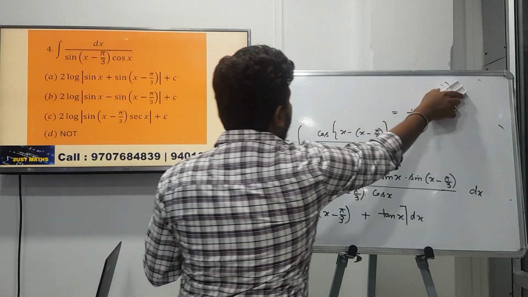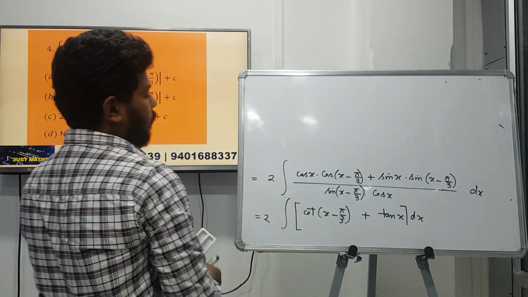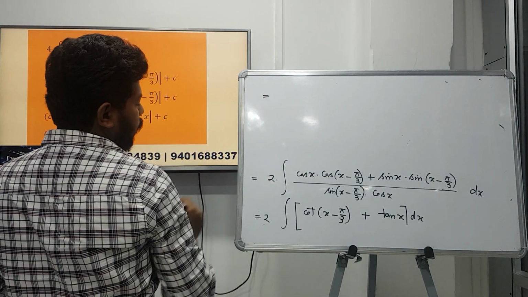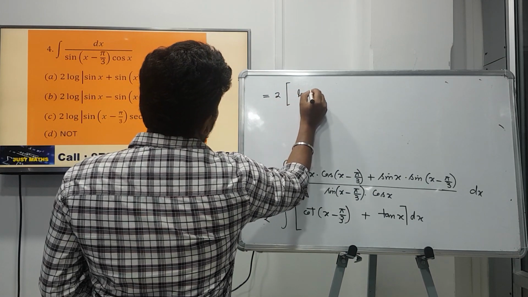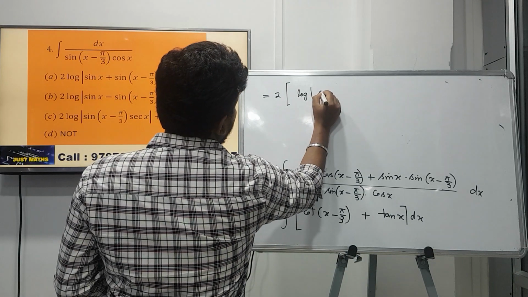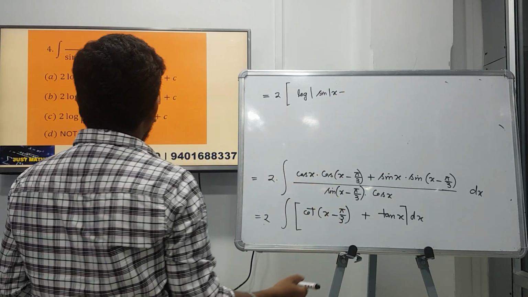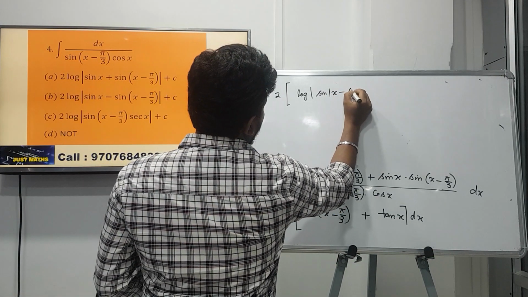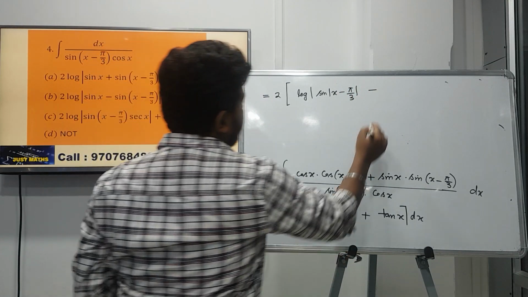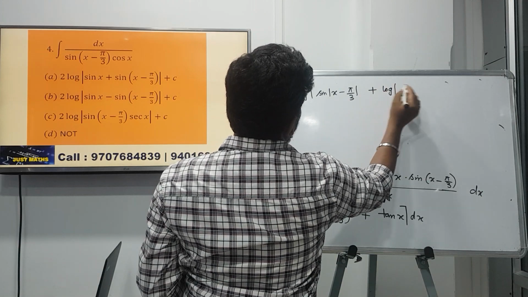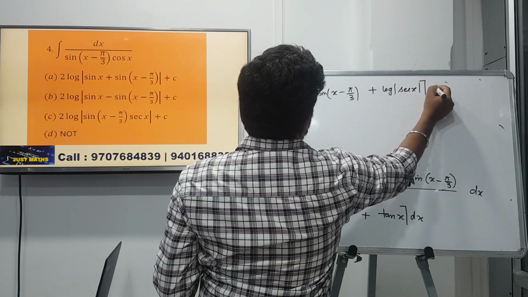Now, if I integrate these trigonometric functions, we get log of sin of x minus pi by 3, plus log of sec x, plus c.